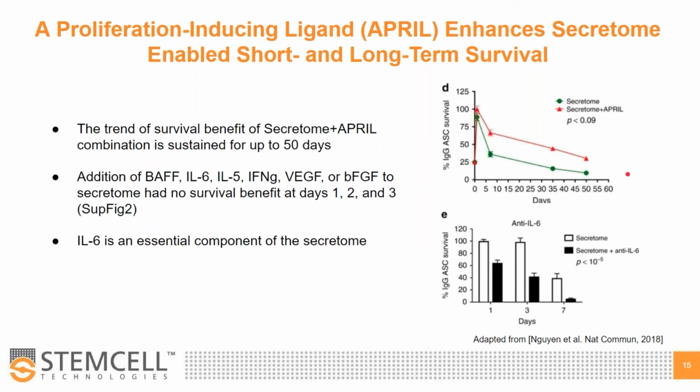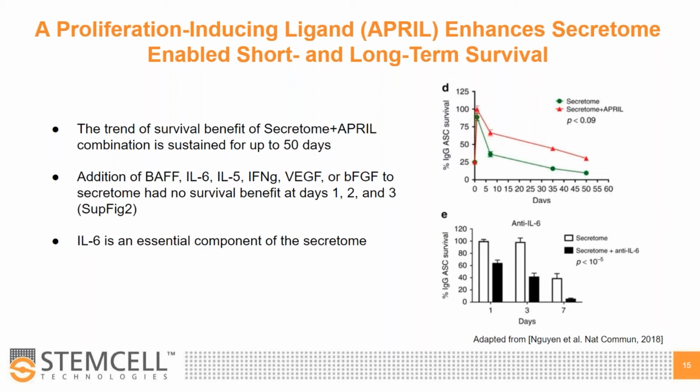When they wanted to look at the effect that APRIL has on the secretome long-term, they noted that although not as significant, the survival benefit of having APRIL in the secretome is actually sustained for up to 50 days. They also tried to add other single factors to the secretome, such as BAFF, IL-6, IL-5, interferon gamma, VEGF, or FGF, and these had no survival benefit.